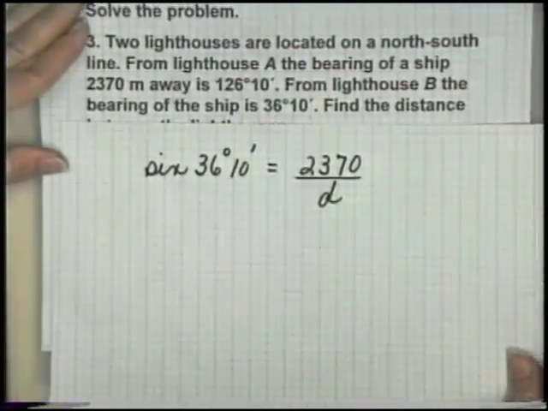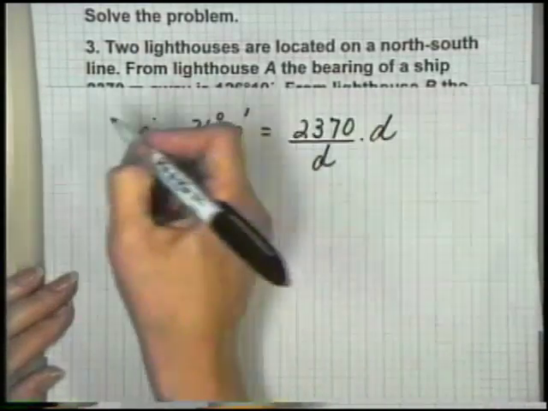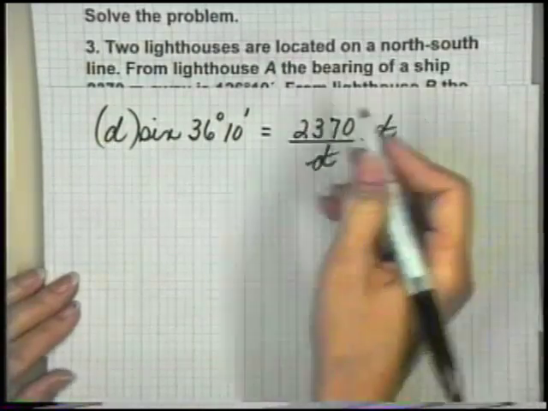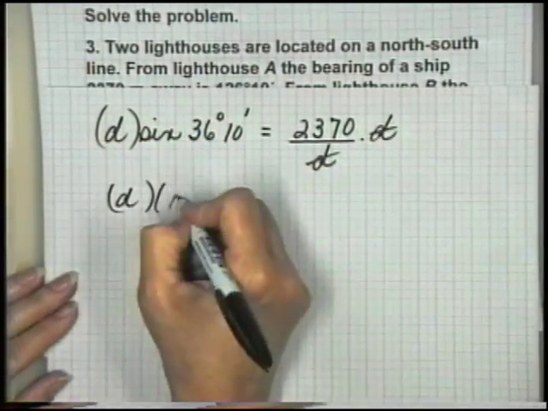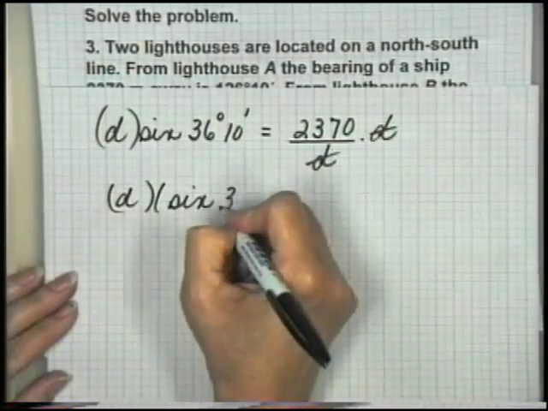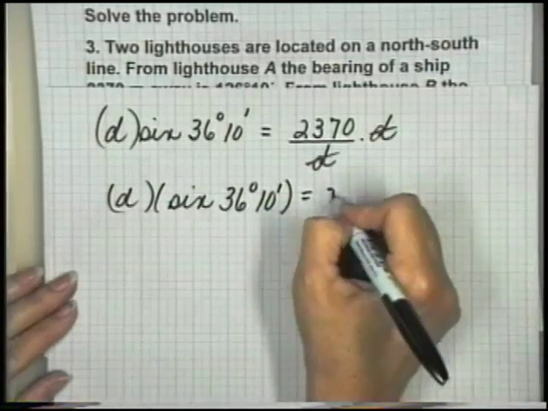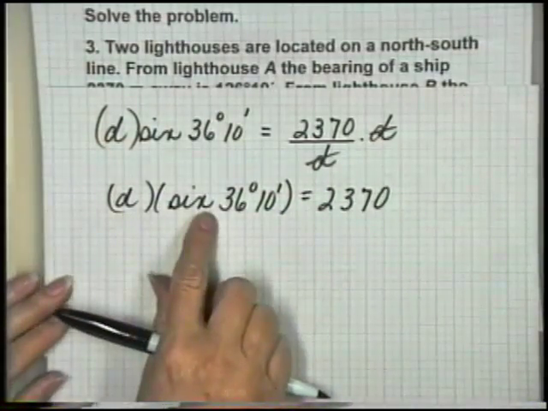And of course, to solve here, I will multiply both sides by D. The D's divide to 1. So I've got D times the sine of 36 degrees 10 minutes equals 2,370.